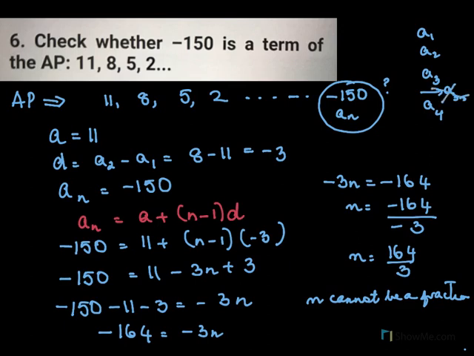This is not possible. Or we cannot have 1.5 terms. N is always a natural number. So here we have N as 164 over 3, which is not possible. N cannot be a fraction. So hence we say minus 150 is not a term of the AP.